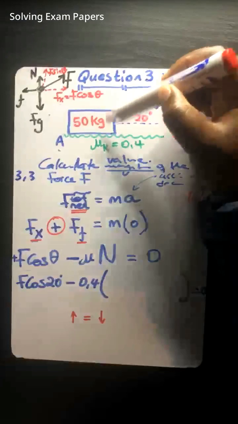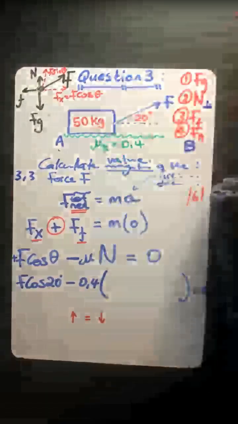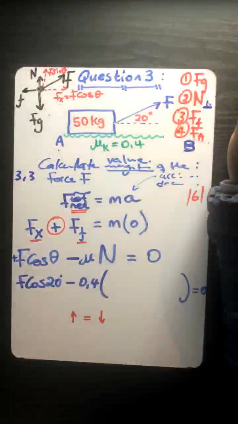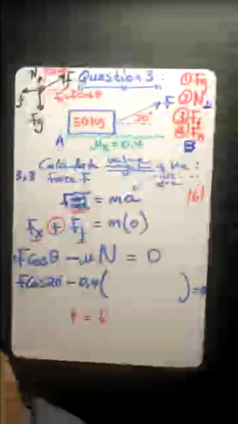Because this thing is not moving up and down, the forces are balanced, meaning the upward forces are equal to the downward forces. Does it make sense, honorable members, what I'm explaining there? Yes, sir. Okay, 100%.